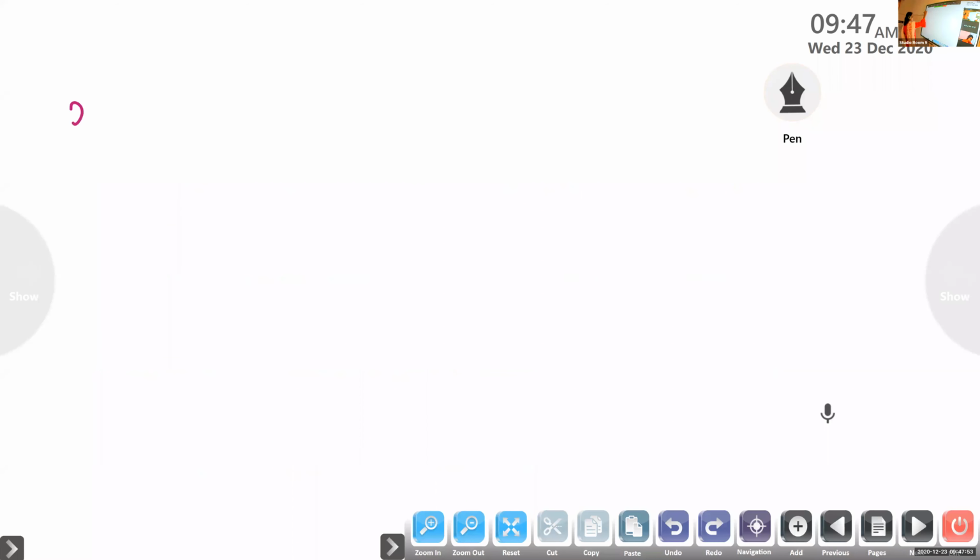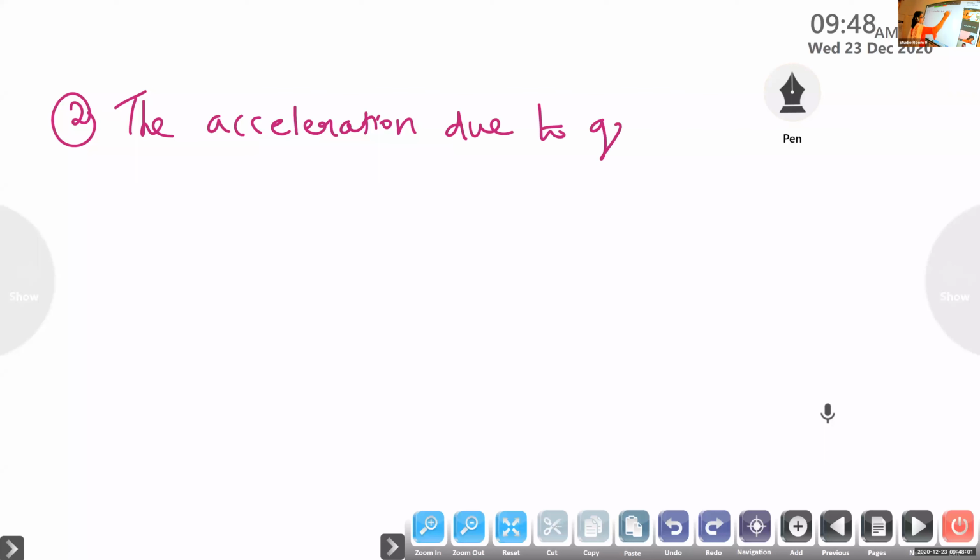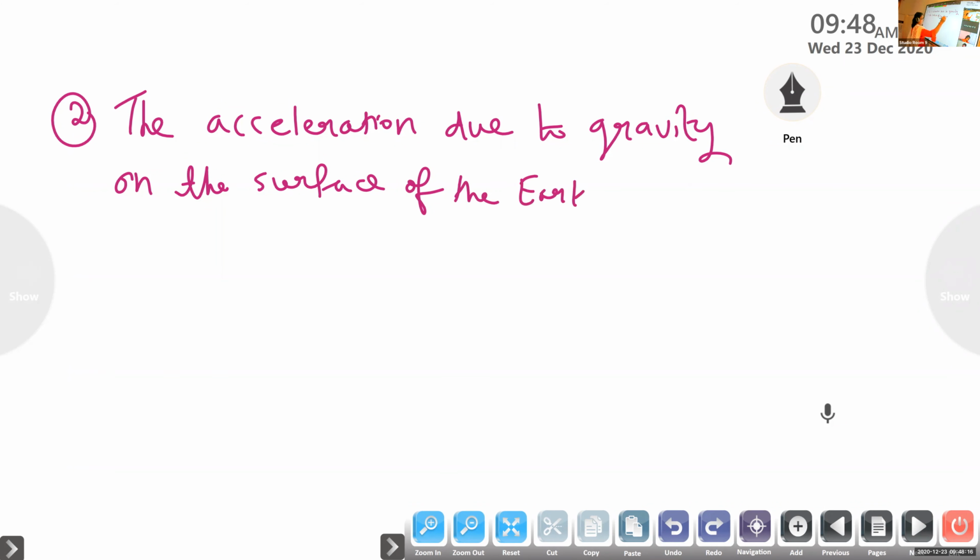Question number 2. The acceleration due to gravity on the surface of the earth is 9.8 meter per second square.